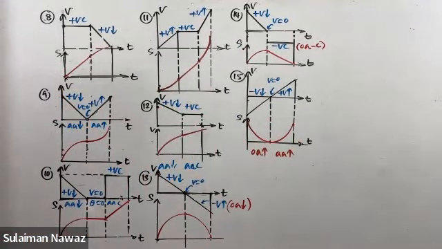Then 15 is done. 16. 12 and 16 are the same, right? Therefore, I don't draw 16. We'll draw the last 4: 17, 18, 19, 20.